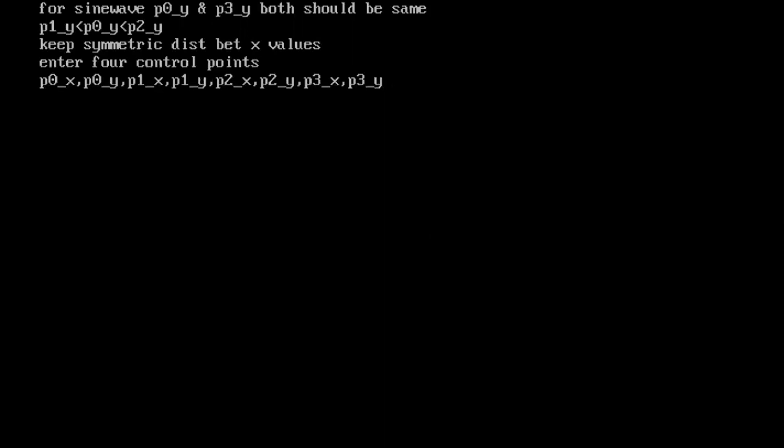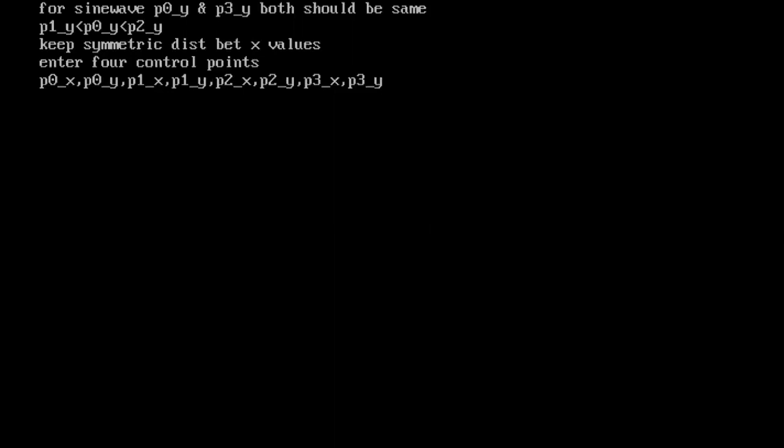We have to enter the x values at a symmetric distance, so we can consider a distance of 50 between each control point. About y, as we have to draw the sine wave, our first control point and last control point should both be on the same line. So p0y and p3y should be the same, and one should be above and the other below.